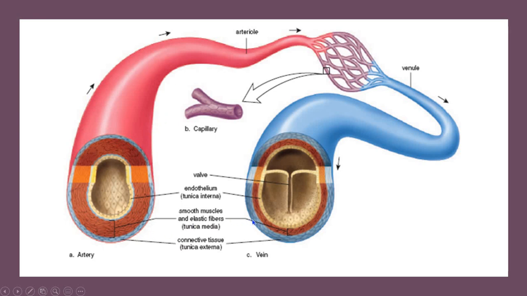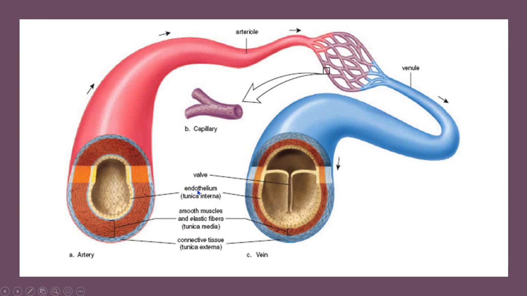Now, you see both the arteries and the veins have connective tissue on the outside. That's that collagen that we've talked about before. The exterior is known as the tunica externa, in other words, the outer, external vest or clothing. The elastin, that stretchy protein, is part of the tunica media, or the middle clothing.